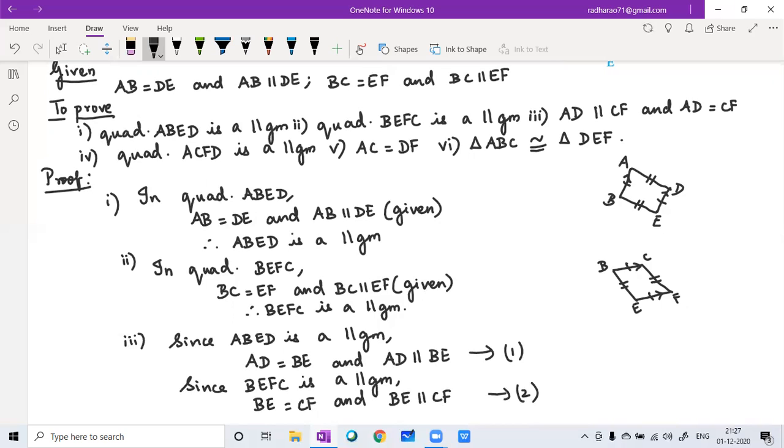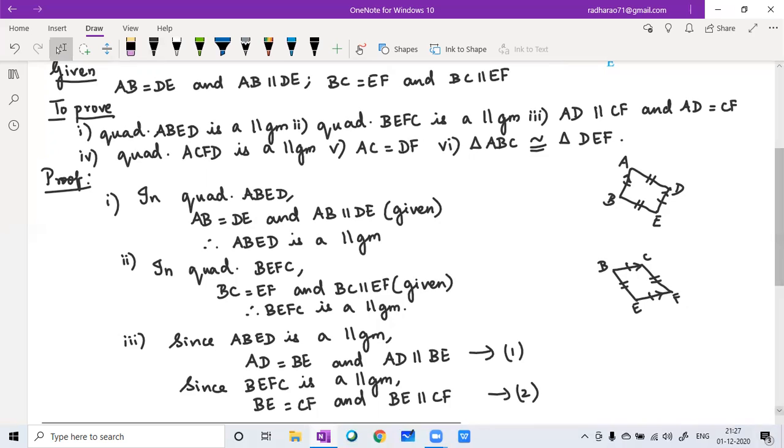You can see AD is equal to BE in the first equation and BE is equal to CF. So AD is equal to BE and BE is equal to CF, which means AD and CF are equal. Similarly, AD is parallel to BE and BE is parallel to CF, which means AD, BE and CF, all three are parallel to each other.